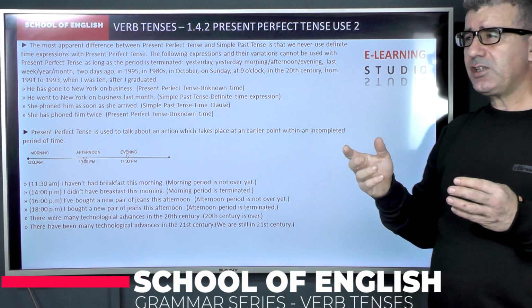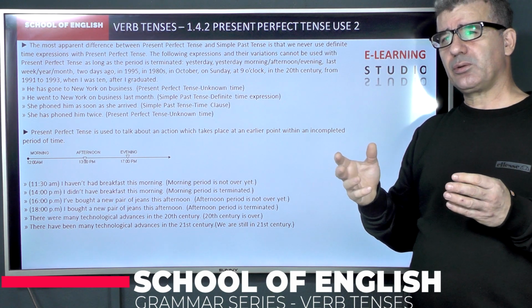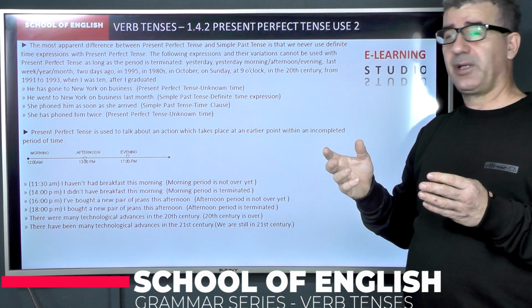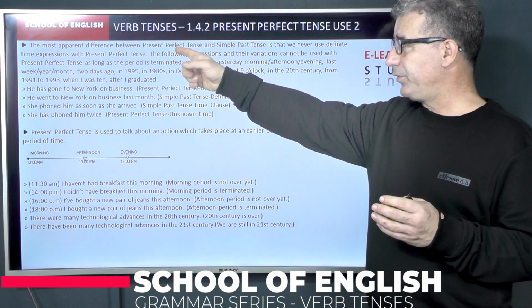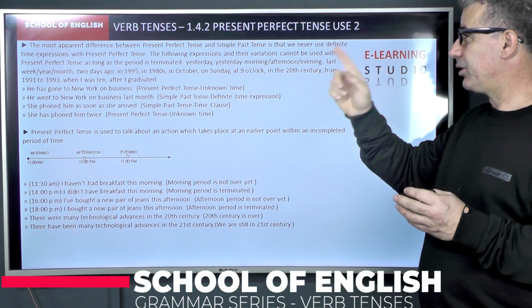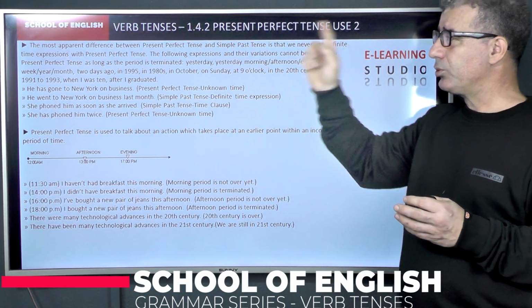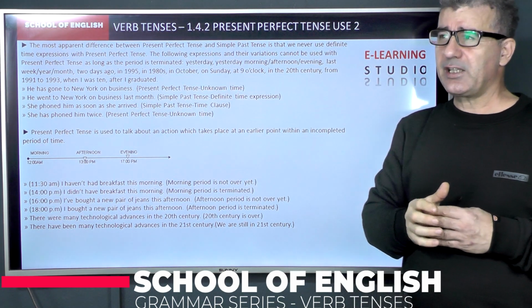It's a connection in terms of the result or effect of the past event. In those cases, we choose to use present perfect tense. But it's very important that we never use definite time expressions with present perfect tense.